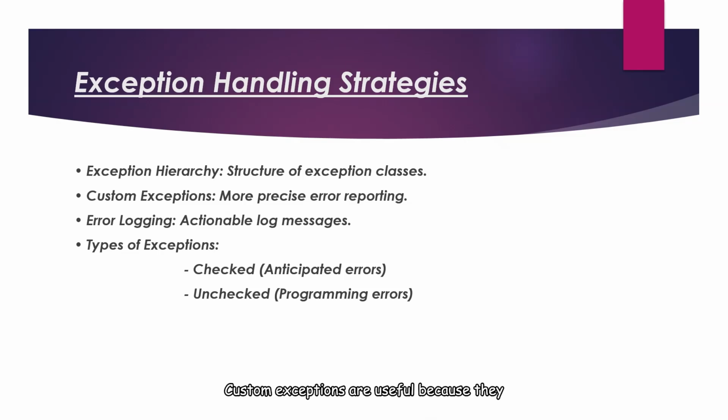Custom exceptions are useful because they provide more context about the specific problem that occurred, helping us to respond more intelligently. For example, you might have an exception that not only says error but specifies insufficient funds in a banking system. Moreover, logging errors is crucial. It allows us to track the root cause of failures and resolve them. You will want your logs to be actionable, telling you not just that something failed, but why and where it happened.